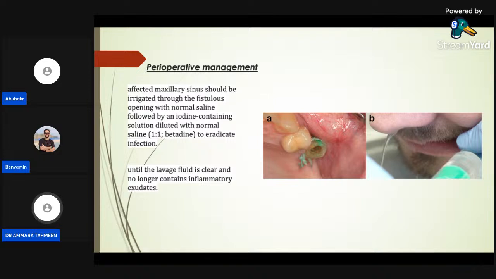If the fluid coming out after draining the sinus is clear, that means you have cleared all the inflammation from the sinus. Then you disinfect with the 1:1 betadine dilution to eradicate any microbes present in the sinus and avoid infection. So this is the first step in the management of the oroantral communication.